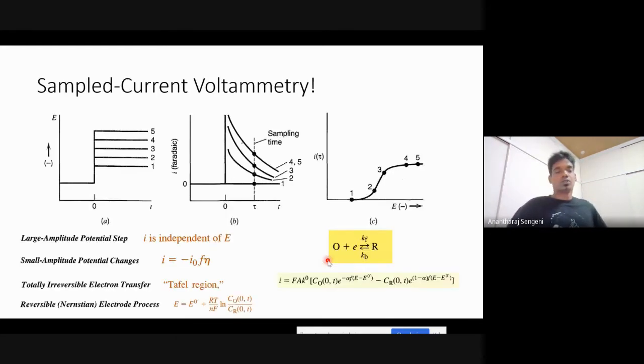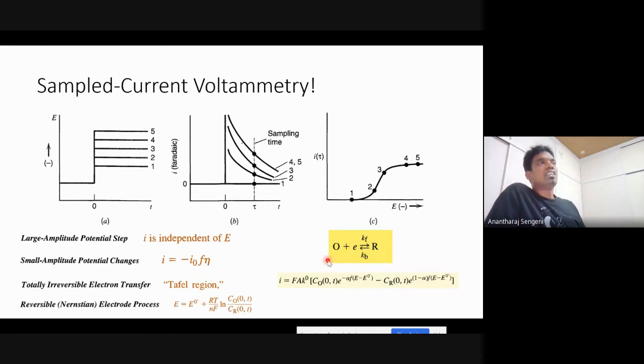Okay, so now we have arrived at the third technique of the day, sampled current voltammetry. Sampled current voltammetry is an age-old technique. It has been in use for more than a century now, actually.